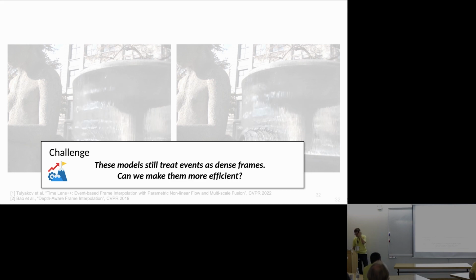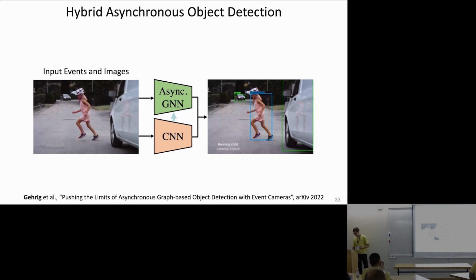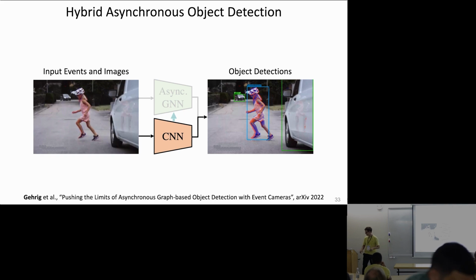Okay, so here we are still treating events as dense frames. So how can we leverage the insight of using images and events to do efficient but also robust processing at the same time? This is what we tried in this work, where we combined the asynchronous neural network that I presented previously with the dense CNN.